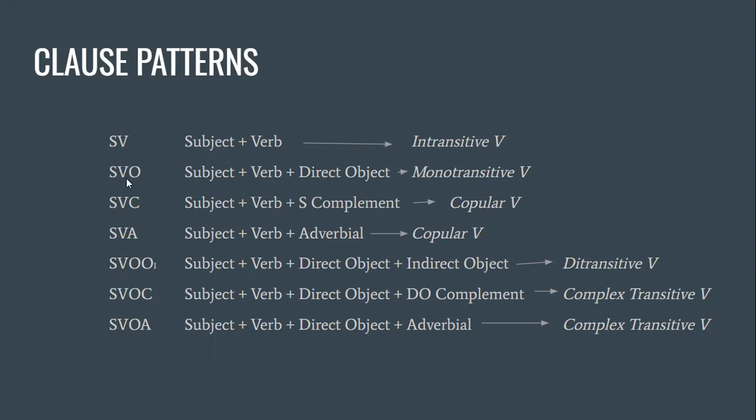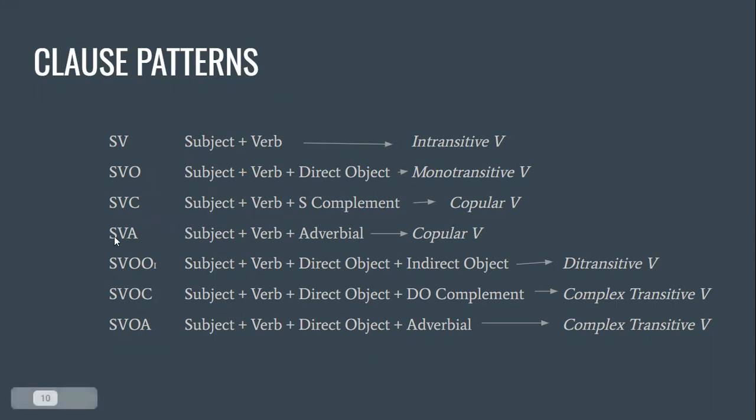If we are going to have SVO, we're going to have a subject, a verb, and a direct object. These are monotransitive verbs. If we're going to have SVC, it's a subject, a verb, and a subject complement. And we're going to have a copular verb. For example, she is pretty.